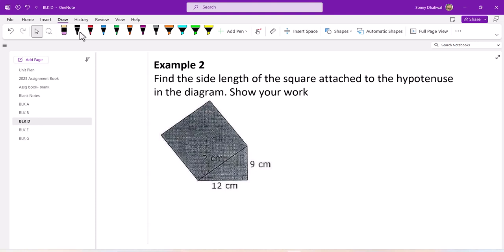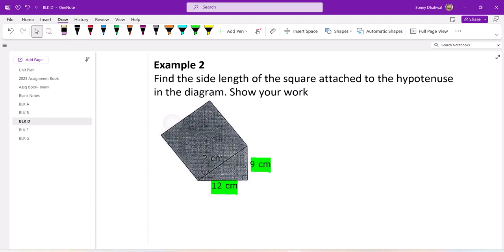All right? What formula do we use? Right? A squared plus B squared equals C squared. So the information we're given is 9 and 12. Both these numbers are on the triangle, so we need to use a triangle formula.